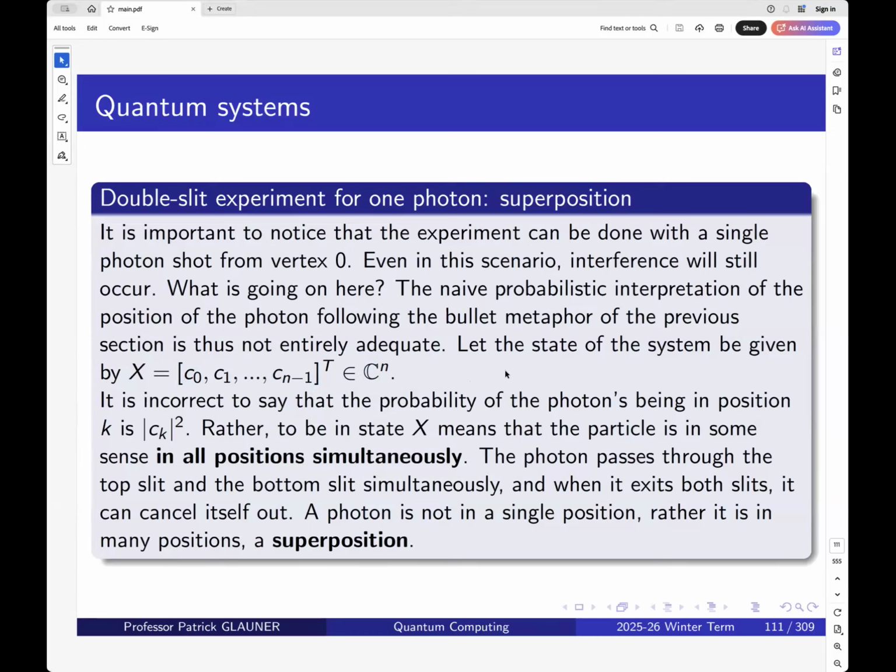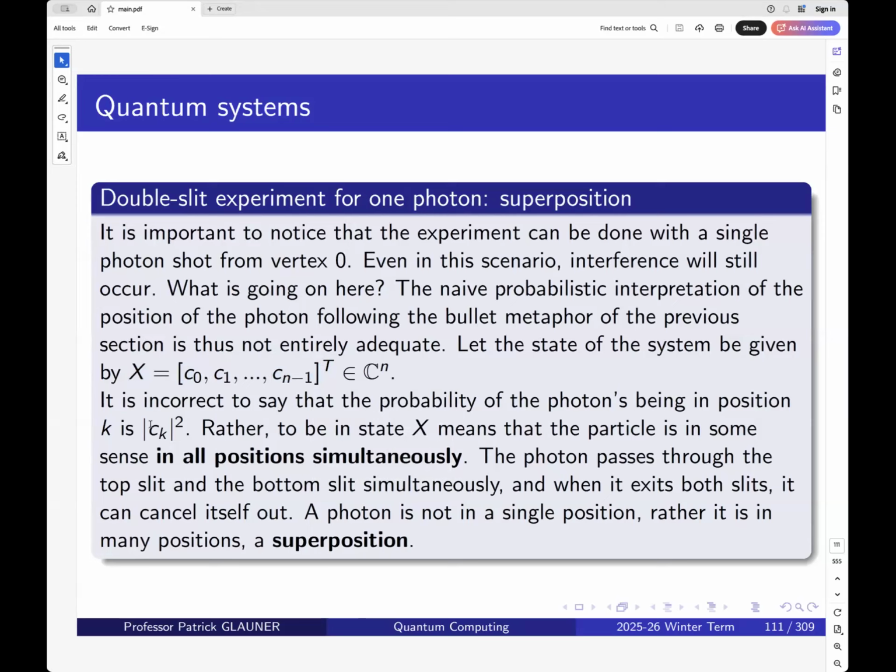But when we had our probabilistic double slit experiment, or in general, when we dealt with probabilistic systems, we always said that that bullet, for example, is with a certain probability in some position. That's how we interpreted this state vector for probabilistic systems. But it is now, in quantum mechanics, actually not correct to say that we have probabilities of where the photon could be.